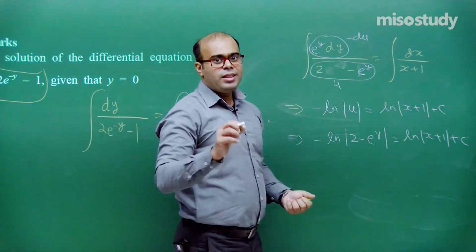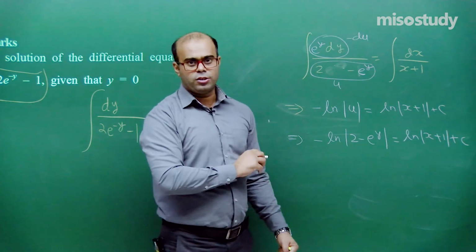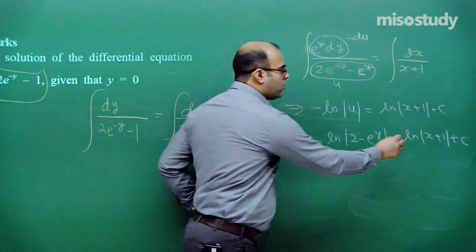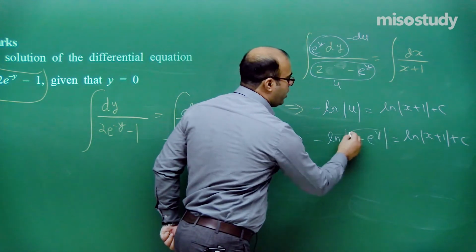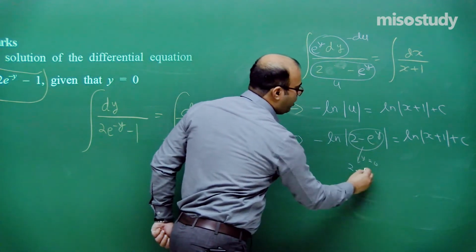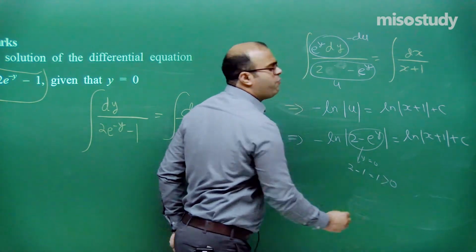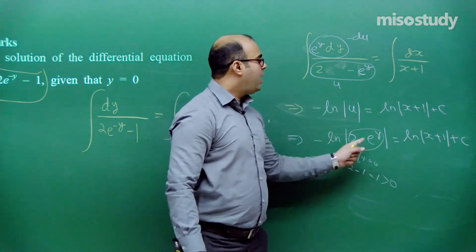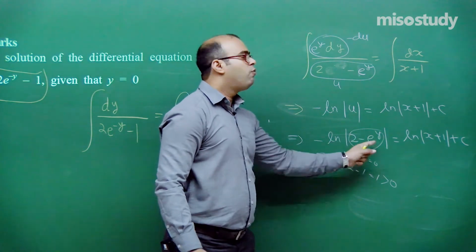So we have been given that this curve is passing through (0, 0). So if we put x equal to 0 and y equal to 0, here when we put y equal to 0, we get 2 minus e^0, which is 1, a positive value, which means we can eliminate mod and its sign won't change.